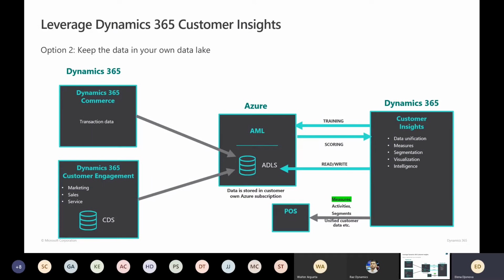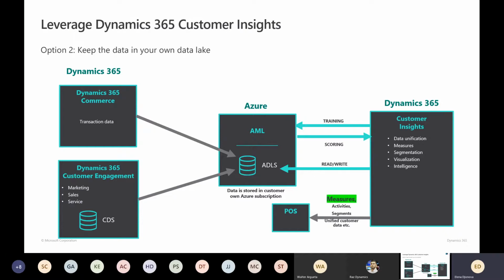And from here, again, they can also utilize the models either from their own Azure subscription with the Azure Data Lake, or from the ones that are already built in Customer Insights. And as I mentioned, it is the measures from the Customer Insights app that are going to be translated and pulled back into the POS, so it can be available for the sales associates to better assist the customers.